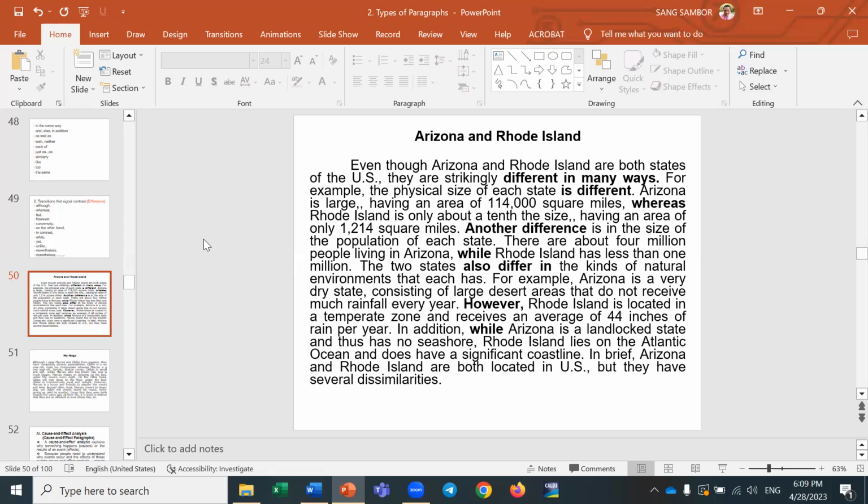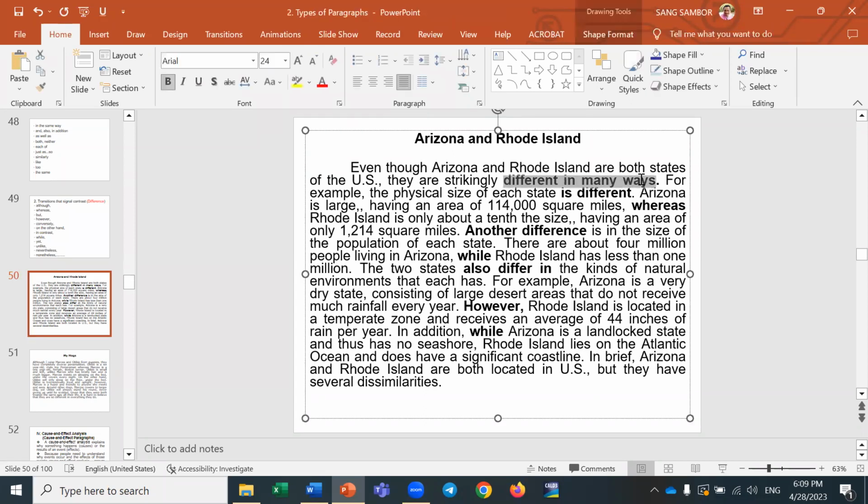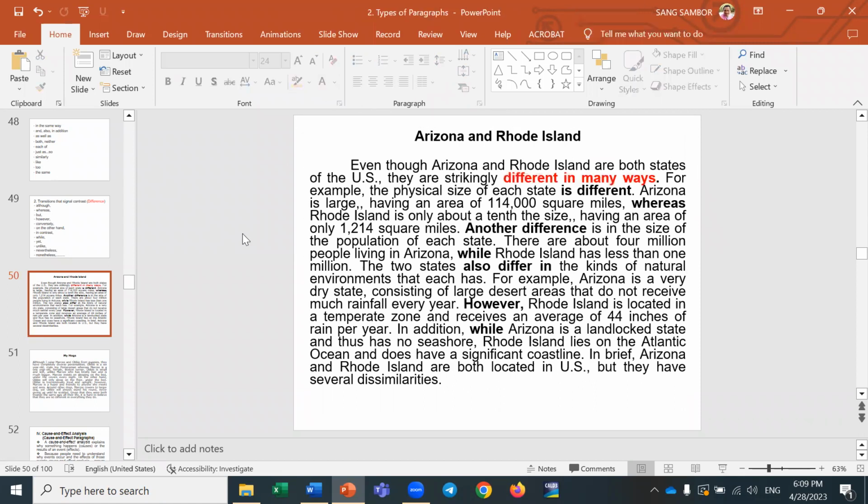I believe that everyone sees the key terms here, right? Even though Arizona and Rhode Island are both states of the US, they are strikingly different in many ways. Here, this paragraph focuses on the differences.